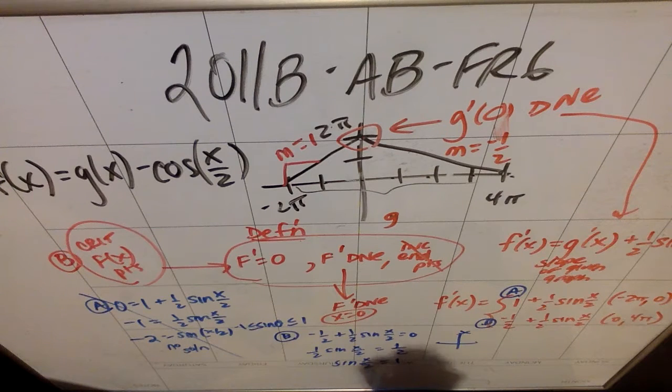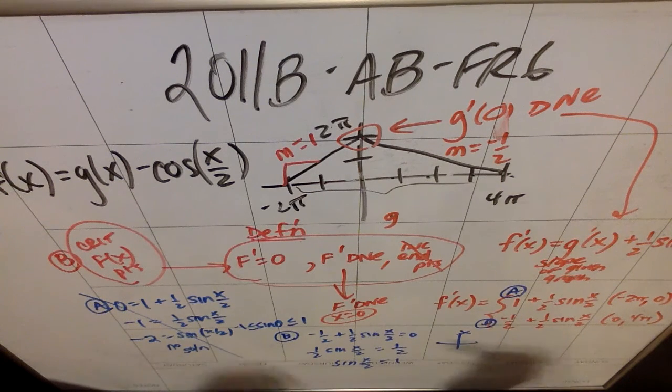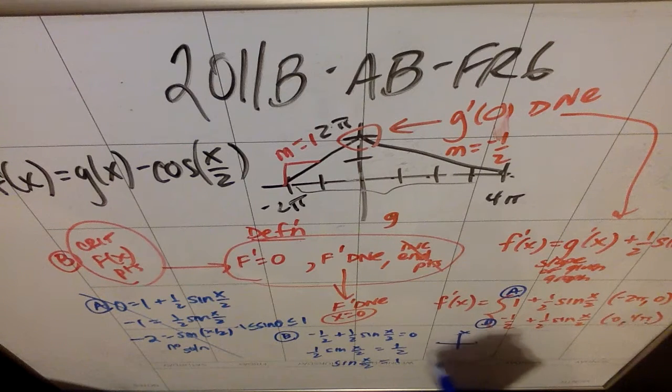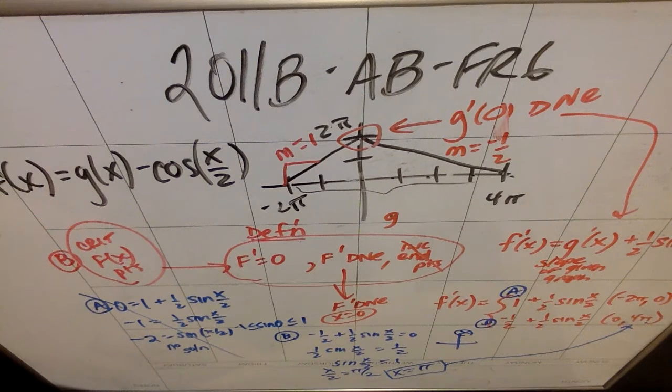But because of this x over 2, whatever answer I get would mean going half the length around the interval you're looking at. The interval we're looking at is 0 to 4 pi, so I would go one full length around, but the only answer that would end up happening anyway is at pi over 2. So I would get that x over 2 equals pi over 2, and sure enough, that gives me x is pi. That is the other critical value, and you'll notice it does fall in that window from 0 to 4 pi.